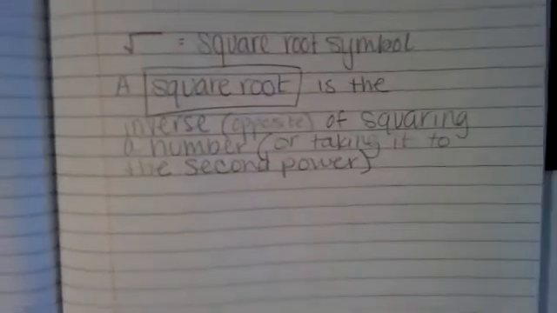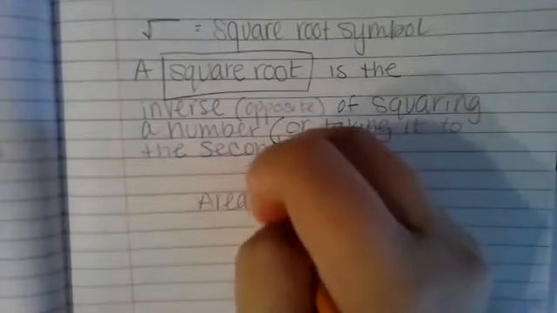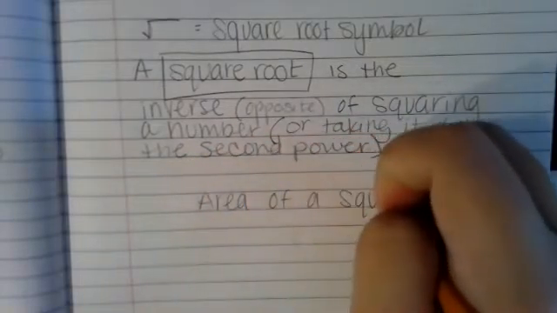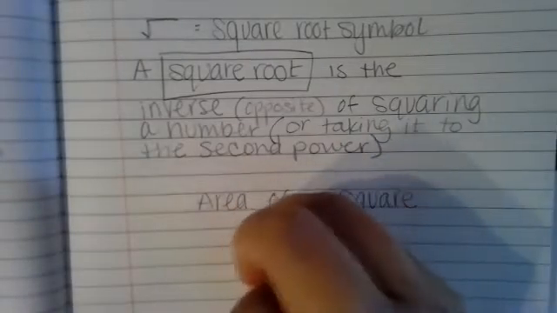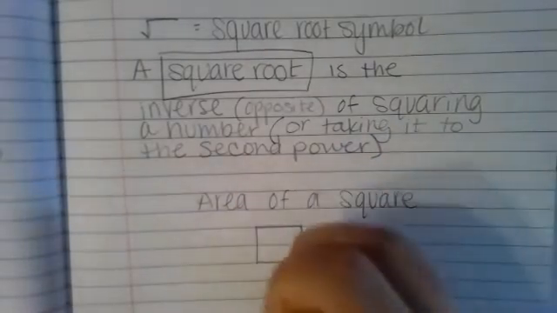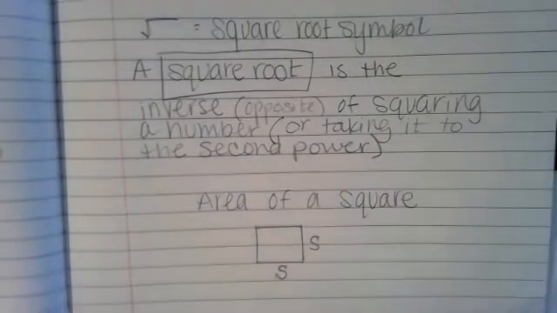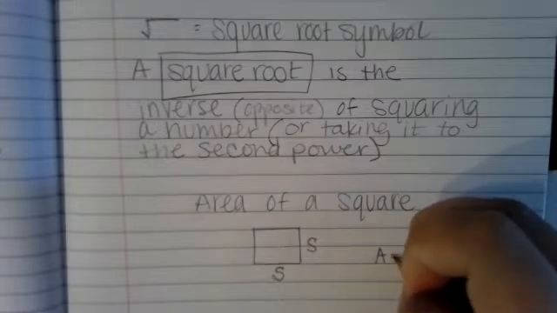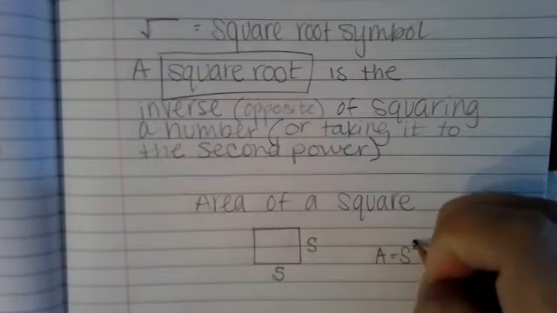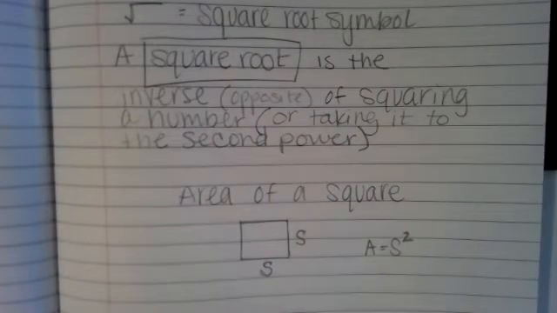And here's kind of why. Area of a square. So here I have a square, and the square has a side. So in this case, area equals S squared, side times side. Okay.